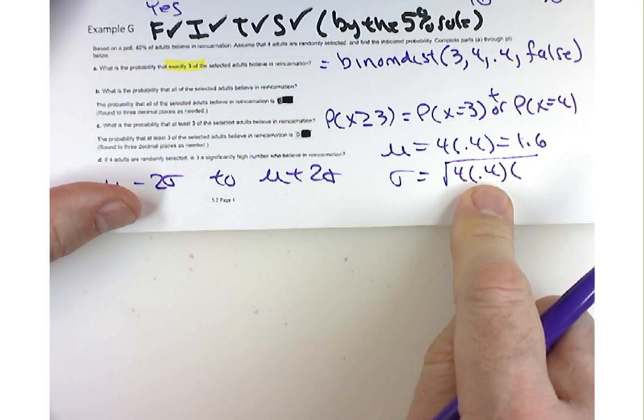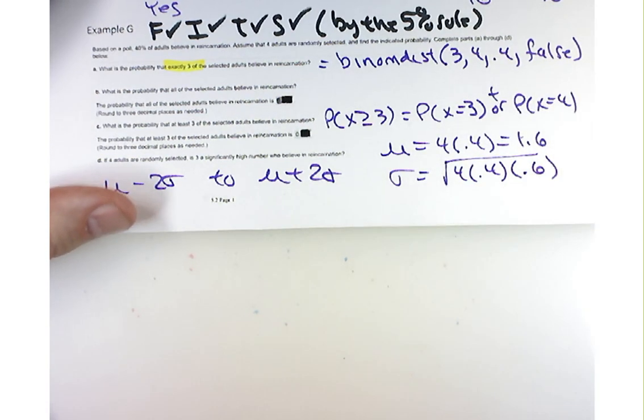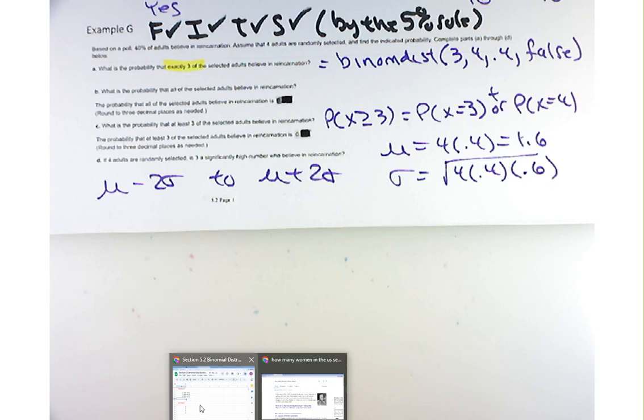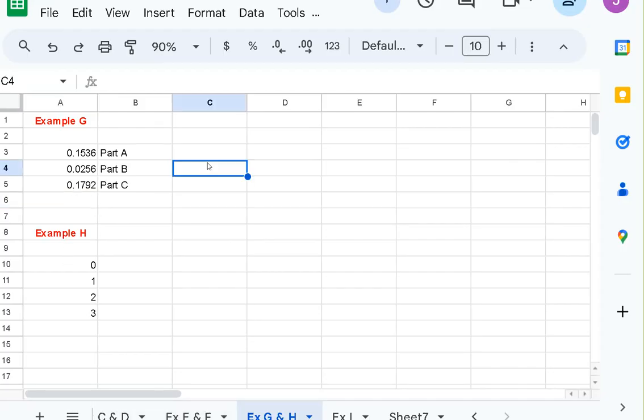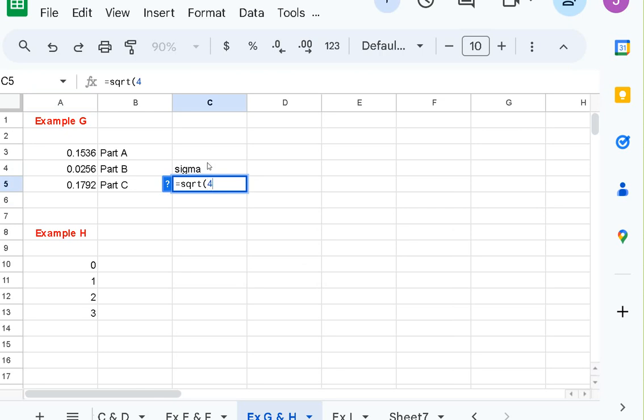If 0.4 is your probability of success, what's the probability of failure? 0.6. Of course, you can do that on Google Sheets. Let me do it on Google Sheets, just for grins. Sigma equals SQRT of 4 times 0.4 times 0.6. There's your sigma.